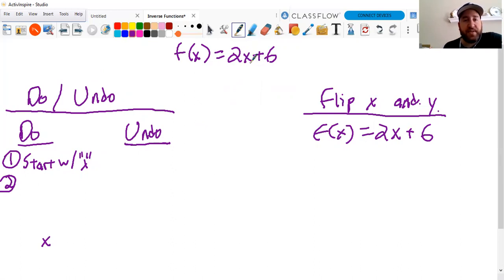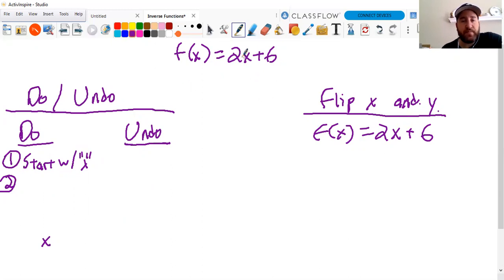So now I have multiple things that I'm doing. Again, when you get to this point, if you're doing do and undo, or when you're doing flip x and y before you start to actually do that, you can take a step back and ask, what am I doing in my original function? So when I get to my inverse, I know what I have to do the opposite of.